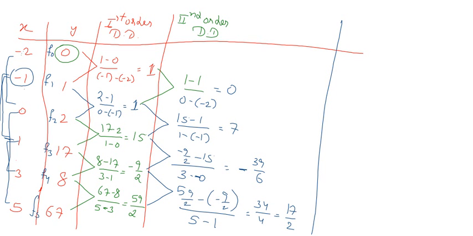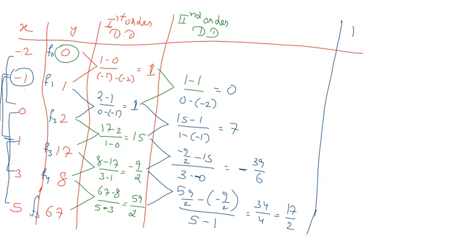So in the denominators, that is x2 minus x0 here, x3 minus x1 here, x4 minus x2, and here x5 minus x3. Okay, so you are skipping 1. So now it becomes easy to create a divided difference table.